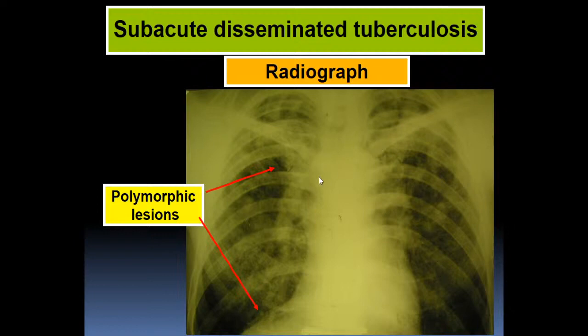That's why shadow changes in the lungs in this form of tuberculosis can form at different times, therefore have different density.